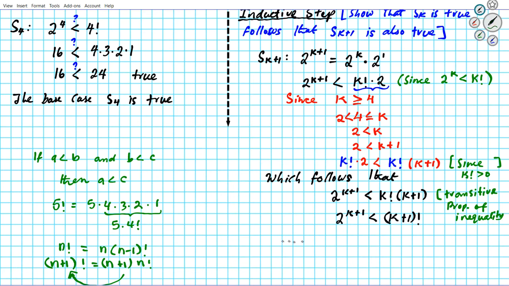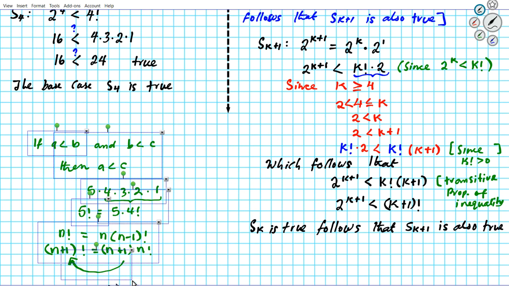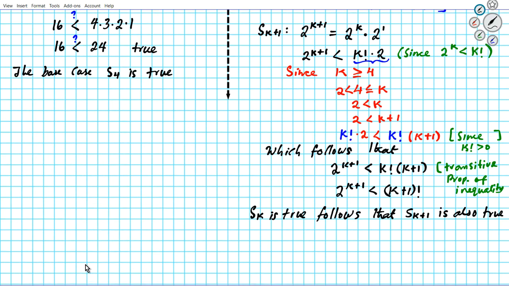All right, so we've been able to show that if S sub k is true, it follows that S sub k plus 1 is also true. All right, so let's go ahead and write down our conclusion. What can we conclude? So we're just going to restate what the proof asks us to do using mathematical induction.